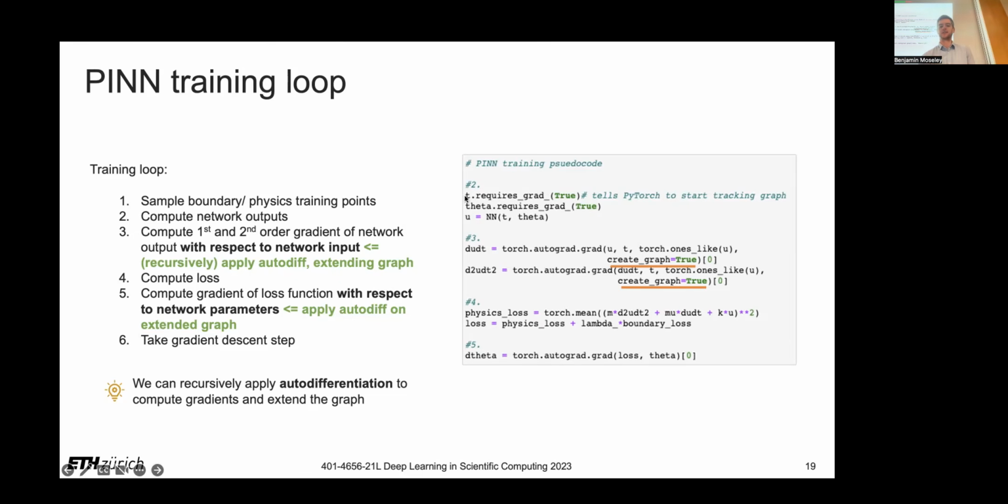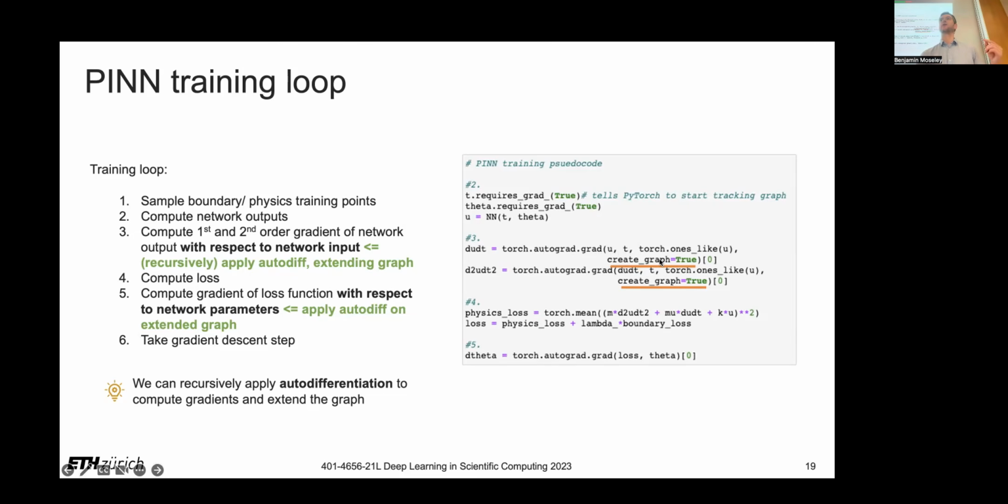So first, T here is my inputs to the network, theta is the free parameters of the network. So for that damped harmonic oscillator, for example, I needed the first order derivative with respect to T and the second order derivative with respect to T. And so I just apply it, grad here computes the gradient of U with respect to T. And I add this extra parameter, which is called create_graph.